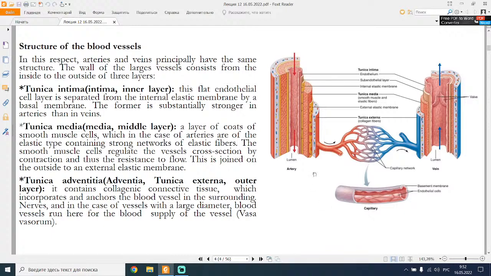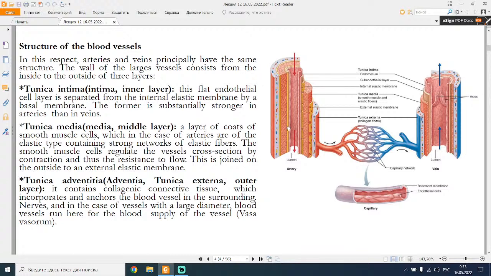Next, tunica media, a layer of smooth muscle cells, which in the case of arteries are of the elastic type, containing a strong network of elastic fibers. The smooth muscle cells regulate the vessel's cross-section by contraction and thus resistance to flow.